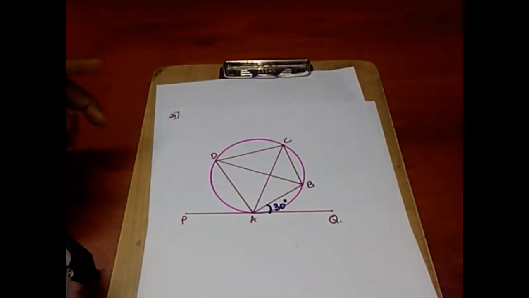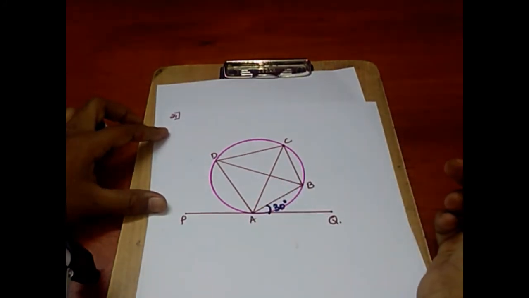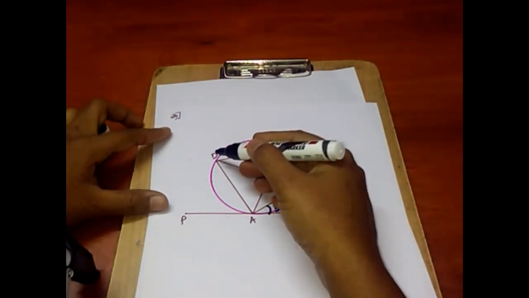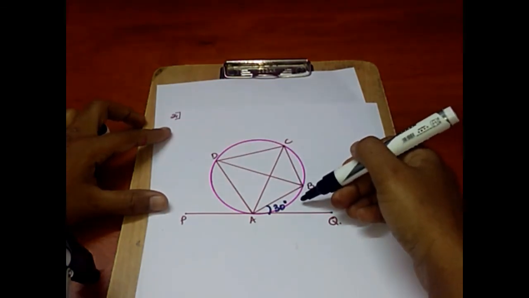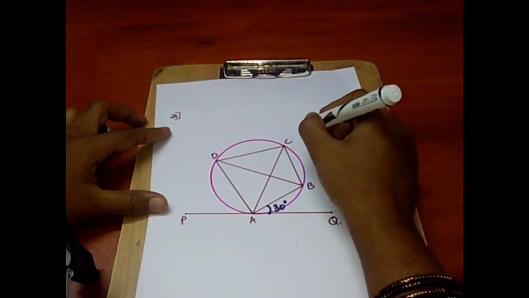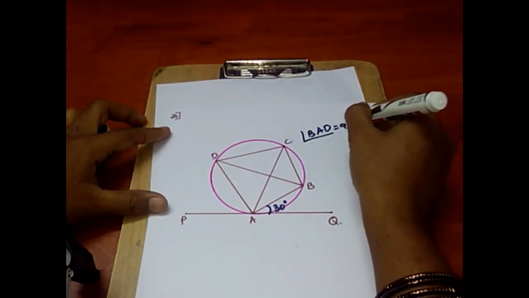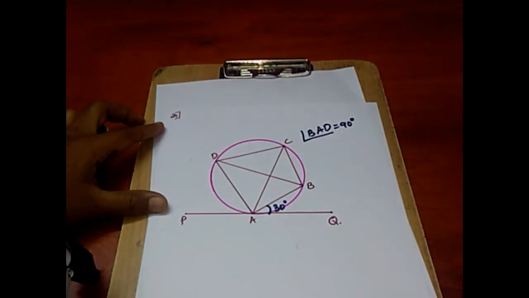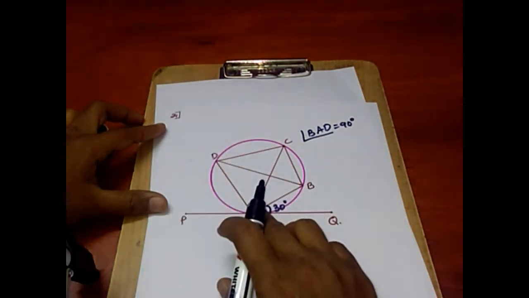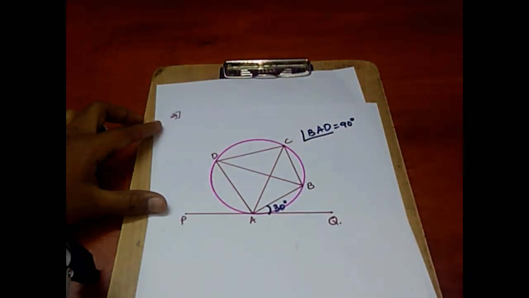So let us understand this problem, children. Very simple. Without knowing the measure of angle BAQ also we can find that. It is asked to prove BD is the diameter. So to prove BD as a diameter, my target is to prove that angle BAD is equal to 90 degree. If I prove angle BAD is equal to 90 degree, I can prove that BD is a diameter.